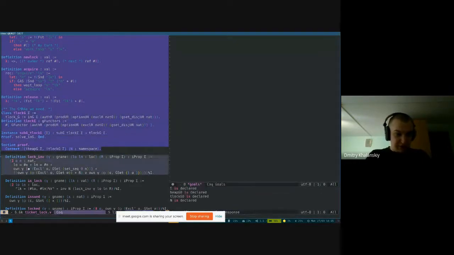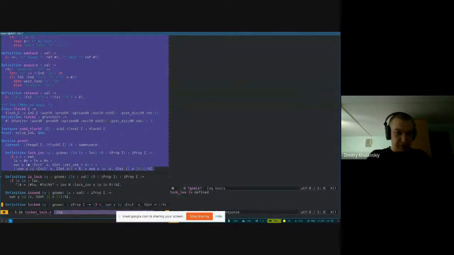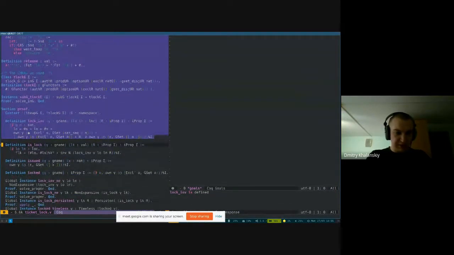Here we have a definition of an invariant. The file that I'm looking at is a ticket log. We won't be able to cover what a ticket log is in the remaining 5 minutes. But you may be able to see that this looks much like plain Coq. There are no strange string literals. In fact, there are, but they are hidden from your view.